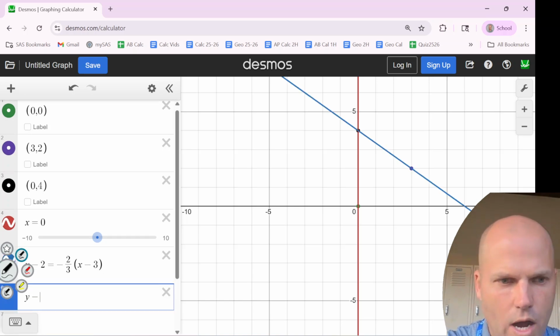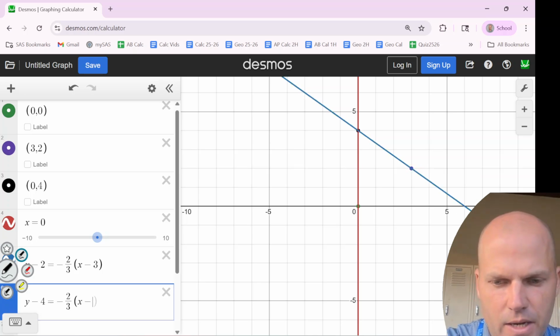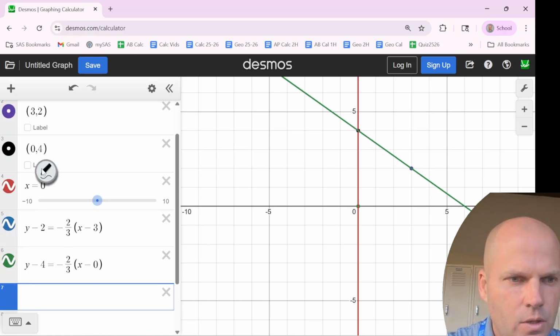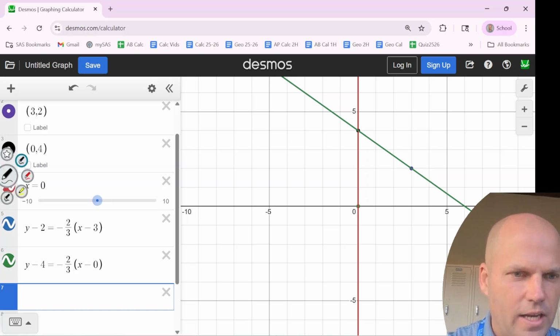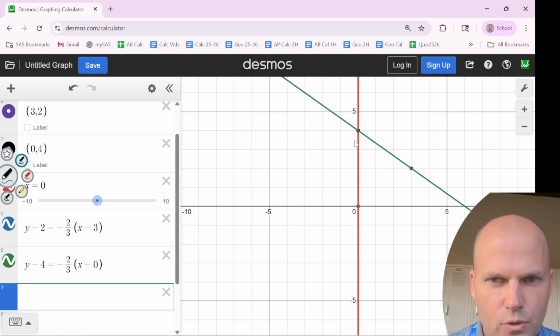But if I also did y minus 4 equals negative 2/3 times x minus 0, I also get that equation. So it's fine. We are finding all of the possible x, y points that are connected to either of these points using a slope of negative 2/3. Well, the points are connected to each other through that slope, so it doesn't matter which one we pick.